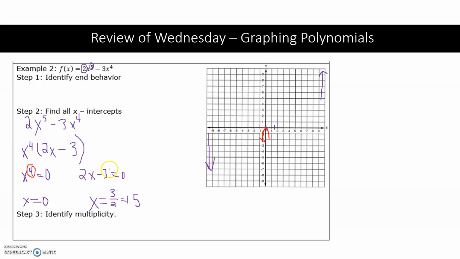And then my exponent for 2x minus 3 is 1, so that means it's going to go through, so this graph has to come back up somehow and go through the x-axis when x is 1.5. So my graph should look something like that.